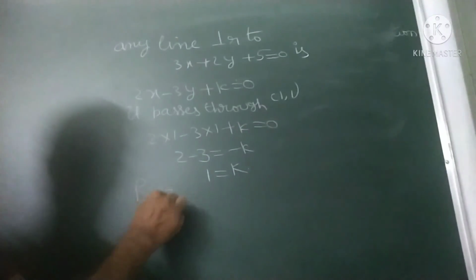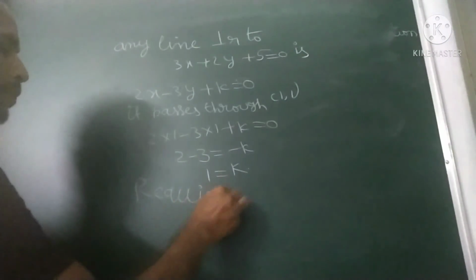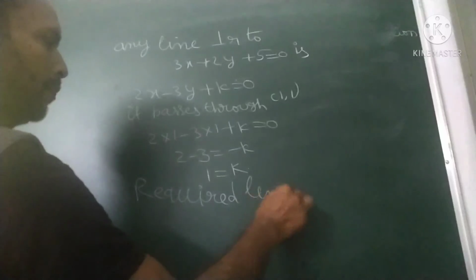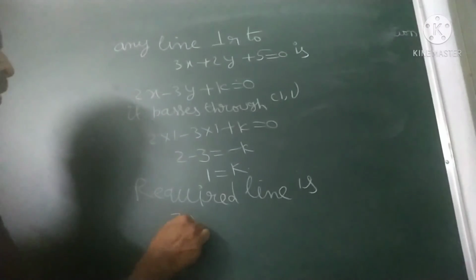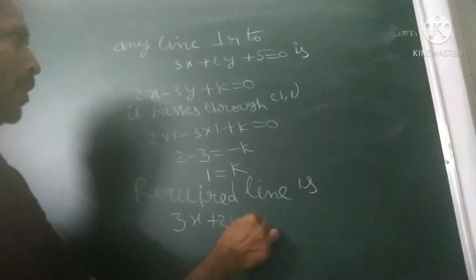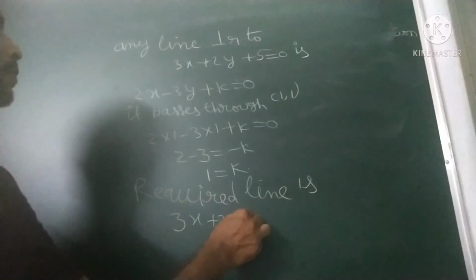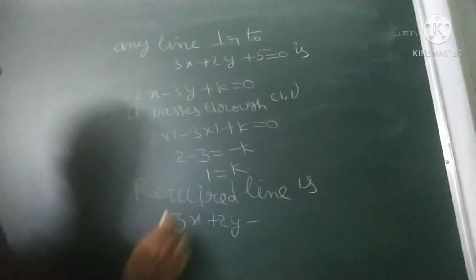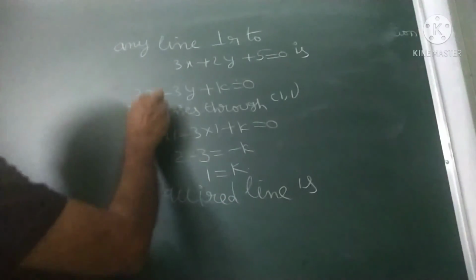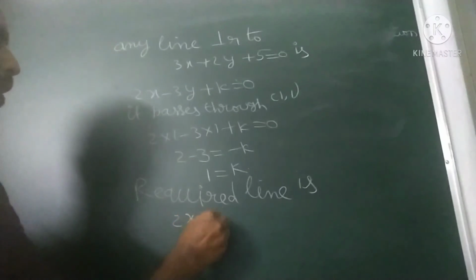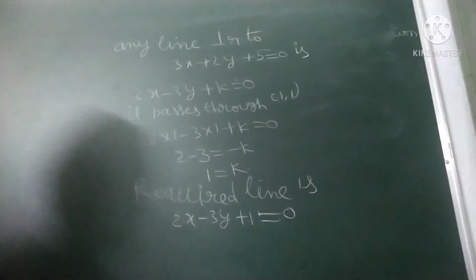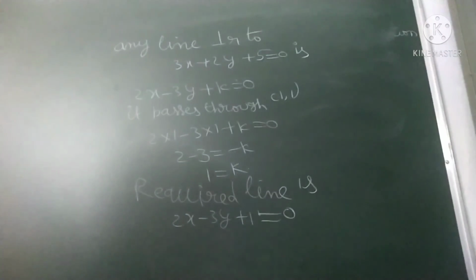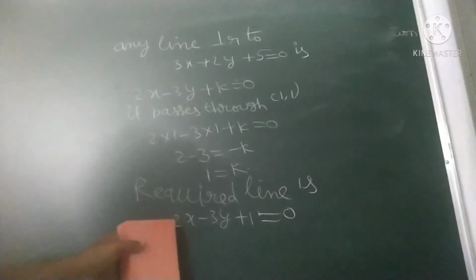Therefore the required line is 2x minus 3y plus 1 is equal to 0.